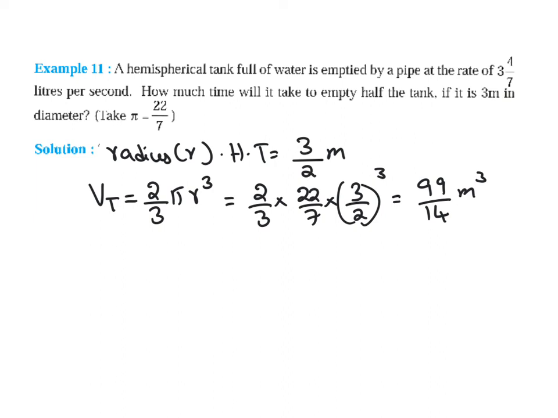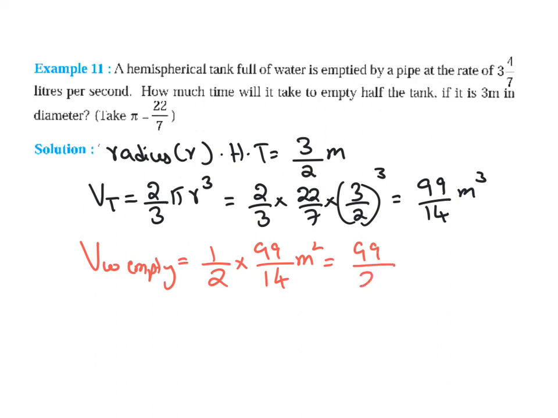We are only emptying half, so the volume of the water that has to be emptied is half of the volume of the full tank, 99/14 meter cube, which simplifies to 99/28.